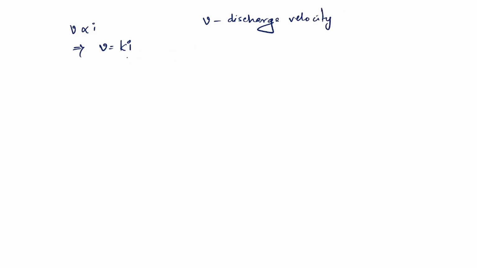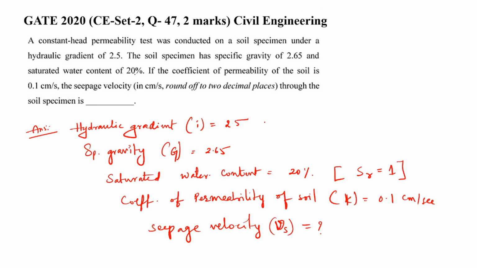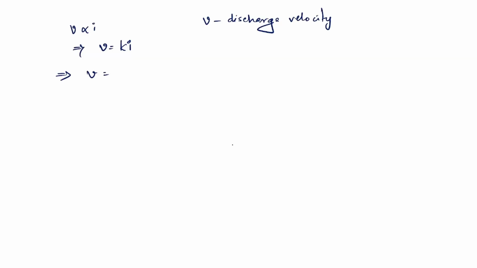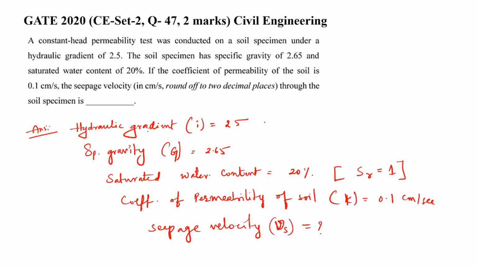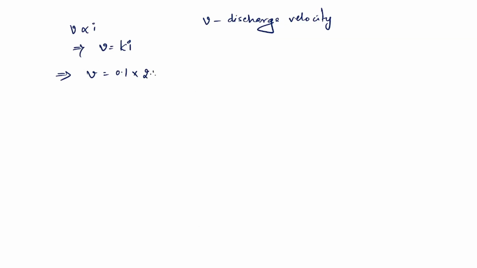I is hydraulic gradient, k is coefficient of permeability of soil, which is constant. Now we have been given data. What is k? K is 0.1. What is I? I is 2.5. So it is 0.25 centimeter per second. V, discharge velocity, is 0.25 centimeter per second.